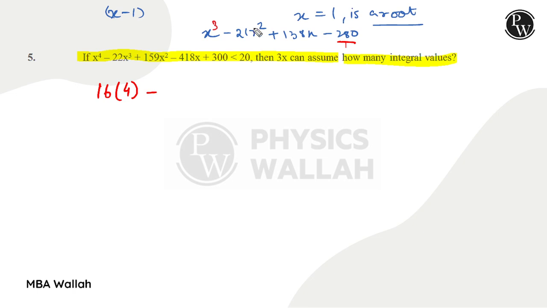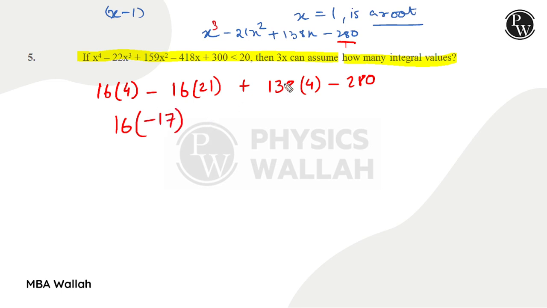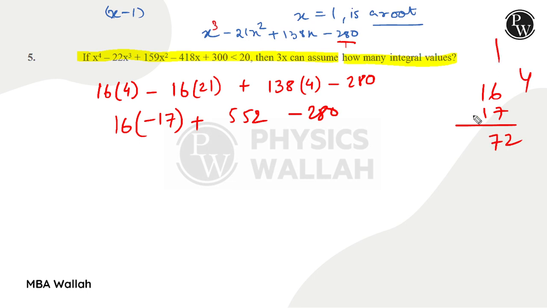This is going to be 64 minus 16 into 21 plus 4 into 138 minus 280. If you take 16 common, this is going to be minus 17, because 21 minus 4. 138 times 4 is 552. 16 into 17 is 272.